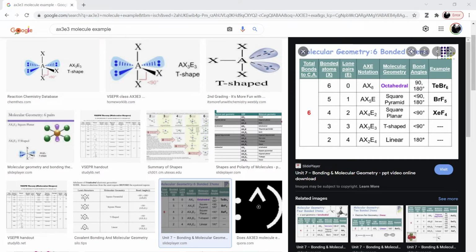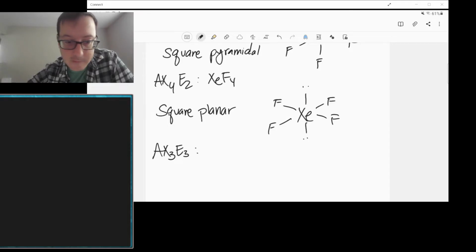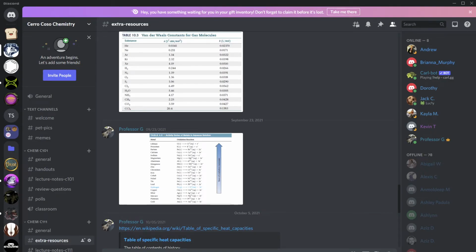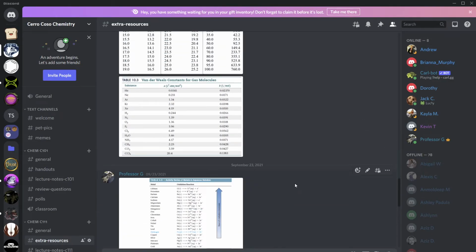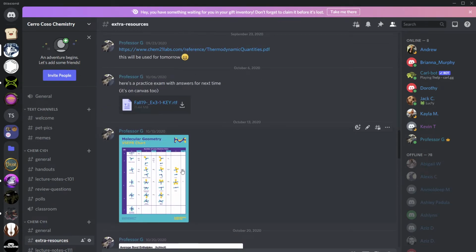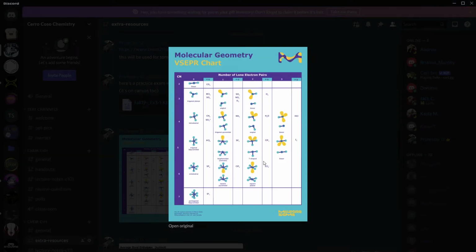Let's hop over to Discord real quick so we can see that we have a handy chart for us. Okay, so in our extra resources, look what we have. A chart, and it's got all this fun stuff. So we have the coordination number on the left axis.